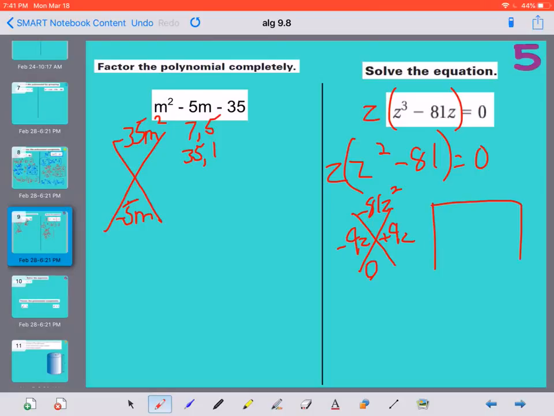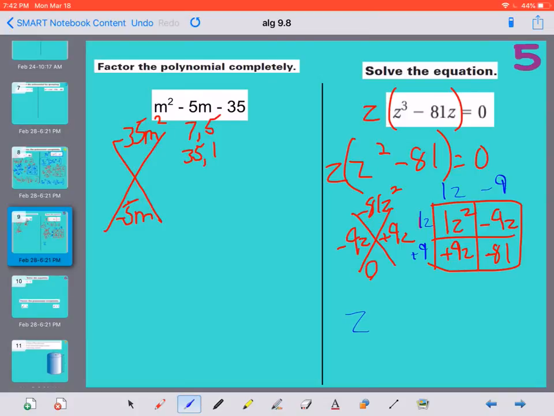So then if I do this, I get negative 81, 1z squared, negative 9z, and positive 9z. I get 1z and 1z, negative 9 and a positive 9.